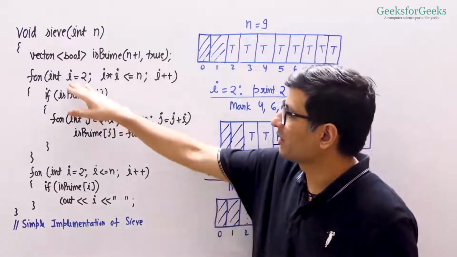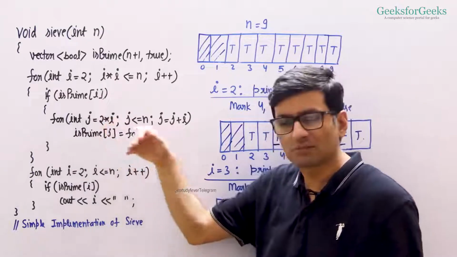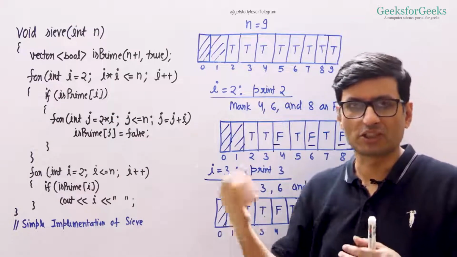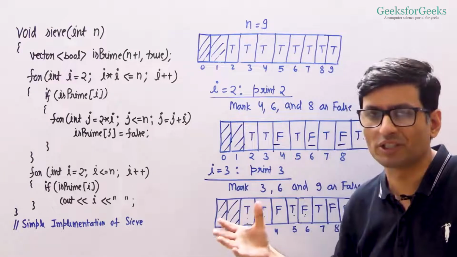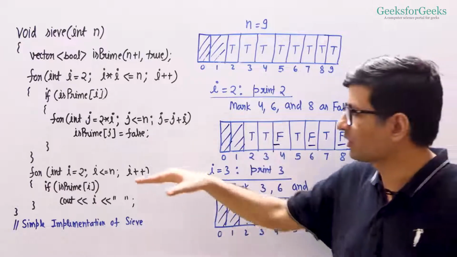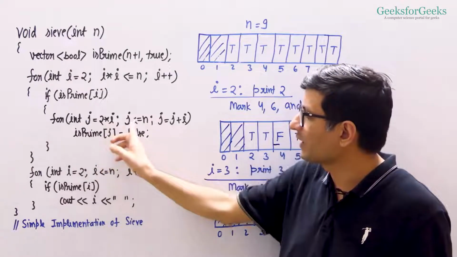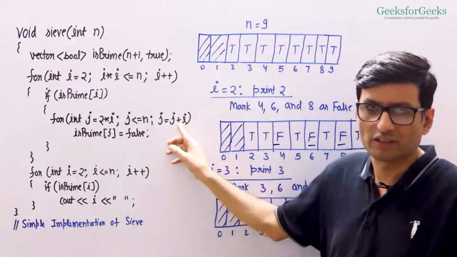So we are considering from 2 to square root of n, and for every value of i, we are simply going through all the multiples of it and marking them as false, right? Because it's one of the smaller factors, and we go through all the multiples and mark those multiples as false, because these are composite numbers, they're multiples of i. So we begin with 2i, then we go till n, and then we do j equal to j plus i, right?